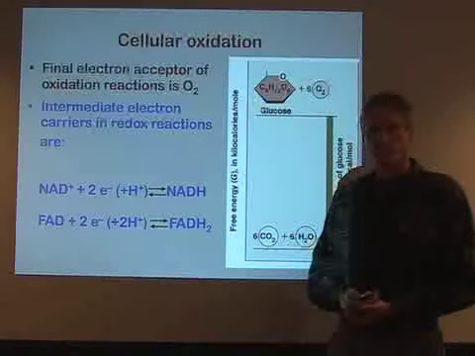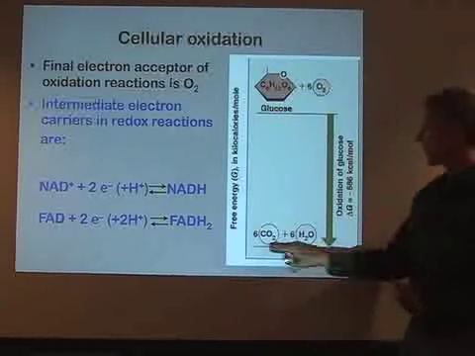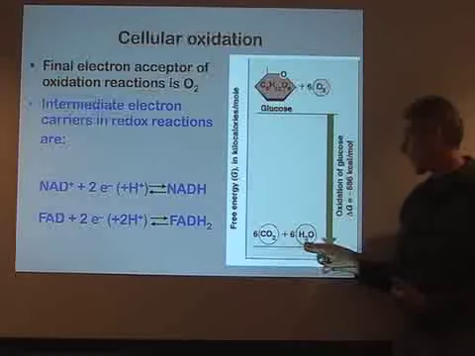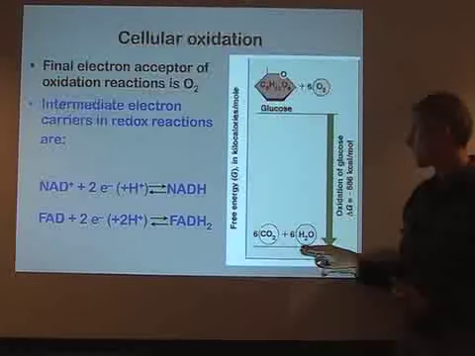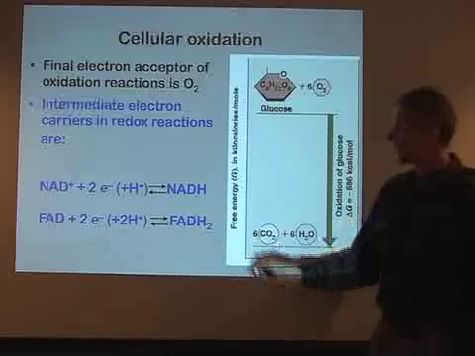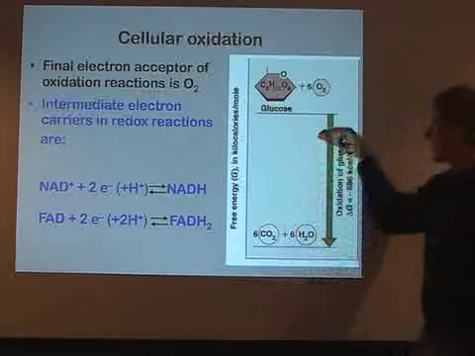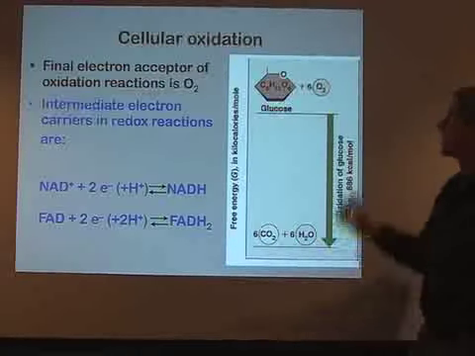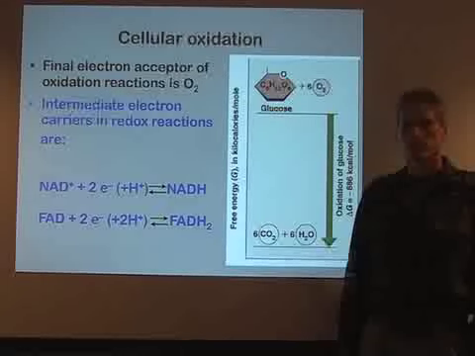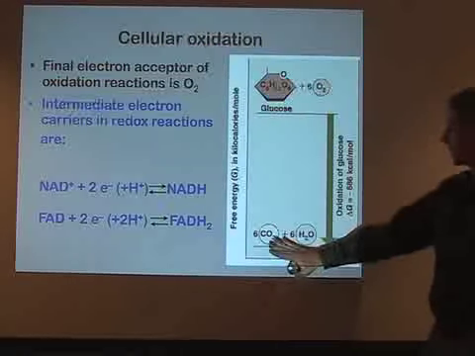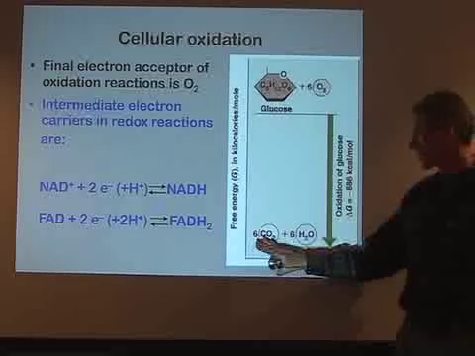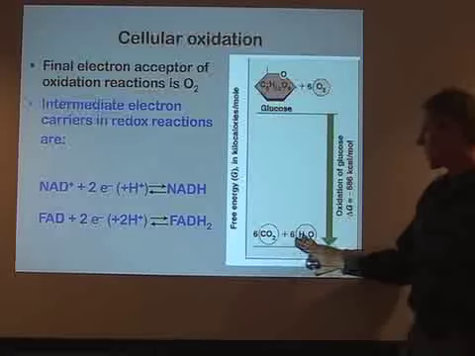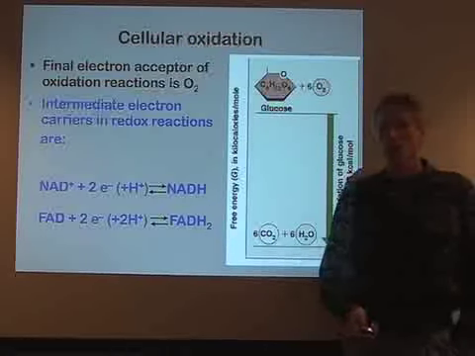So when we're oxidizing glucose to carbon dioxide and water, we're making reduced NADH and reduced FADH2 as intermediate steps to harvest the energy from the oxidation of glucose. And finally, at the end of many small steps in mitochondria, oxygen is the final electron acceptor.